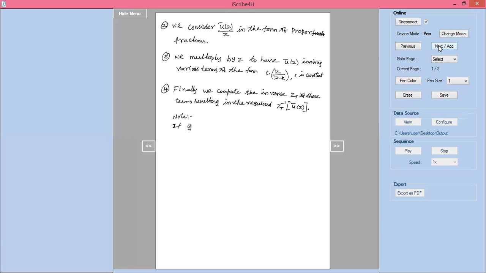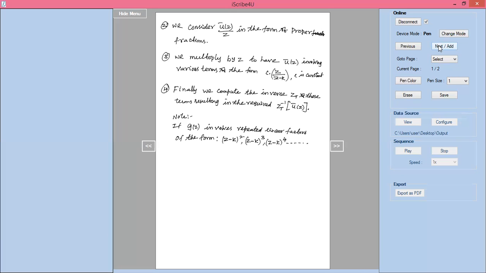If g of z involves repeated linear factors of the form z minus k whole square, z minus k whole cube, z minus k whole power 4, and so on.